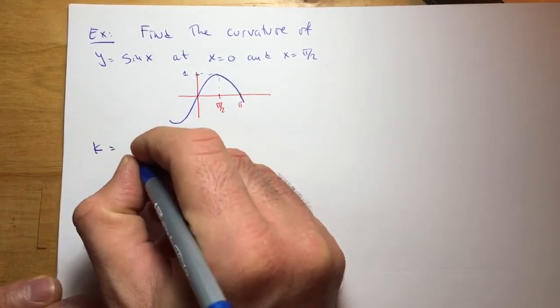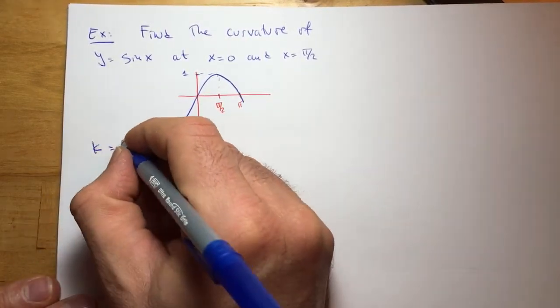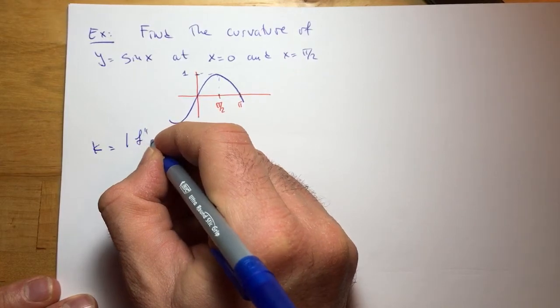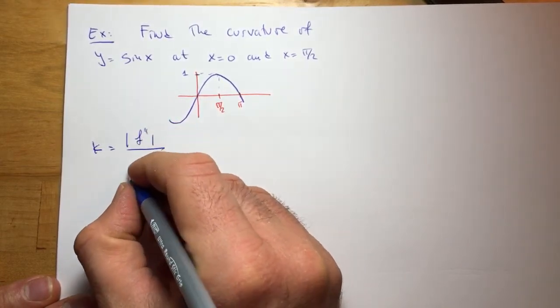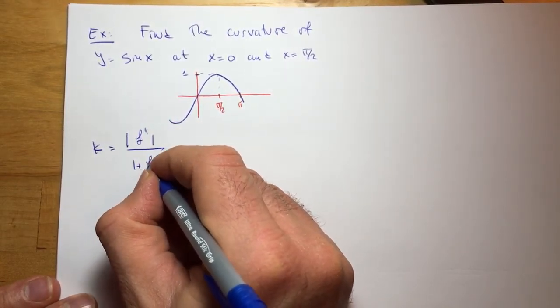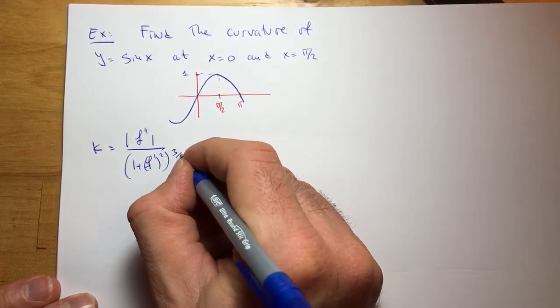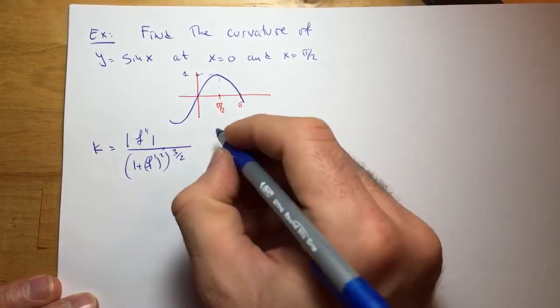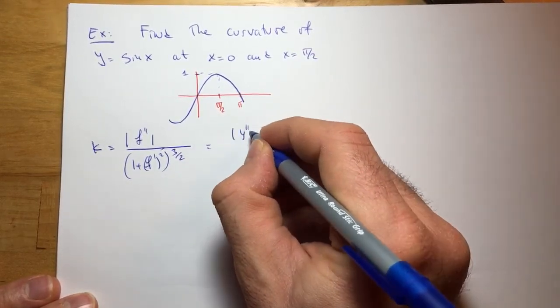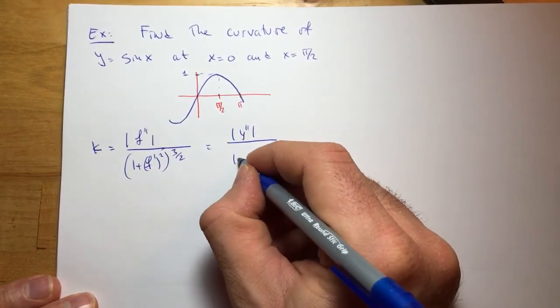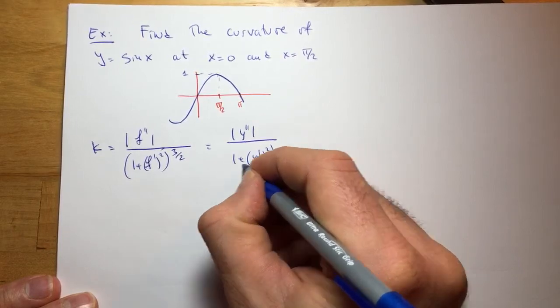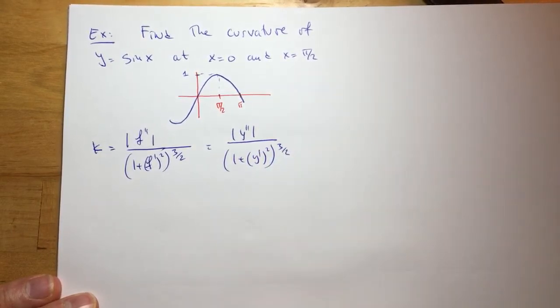The curvature is equal to, I'm reminding you the definition, absolute value of f double prime over 1 plus f prime squared to the power of 3 over 2. Okay, or that's simply absolute value of y double prime over 1 plus y prime squared to power 3 over 2.